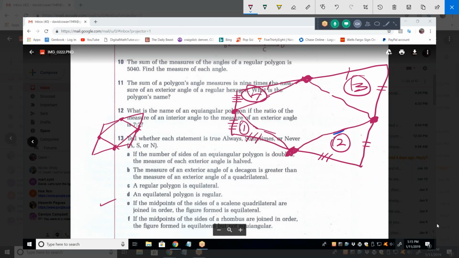So now the question becomes, on the previous question, did it have to be a scalene quadrilateral? Or could it have just been any quadrilateral? Because this one certainly is not a scalene quadrilateral, although they're asking us to prove that it's equilateral but not equiangular.